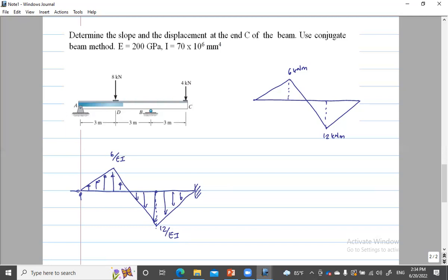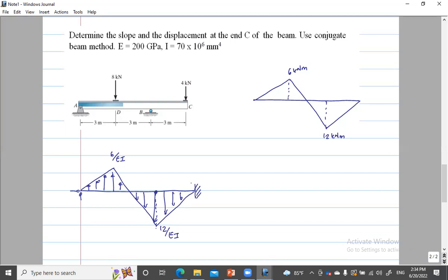So now we need to find the support reaction in this conjugate beam, because we are interested in finding the displacement at C. The issue is this beam has a hinge there. So hinge means, you remember, earlier also we had that hinge.